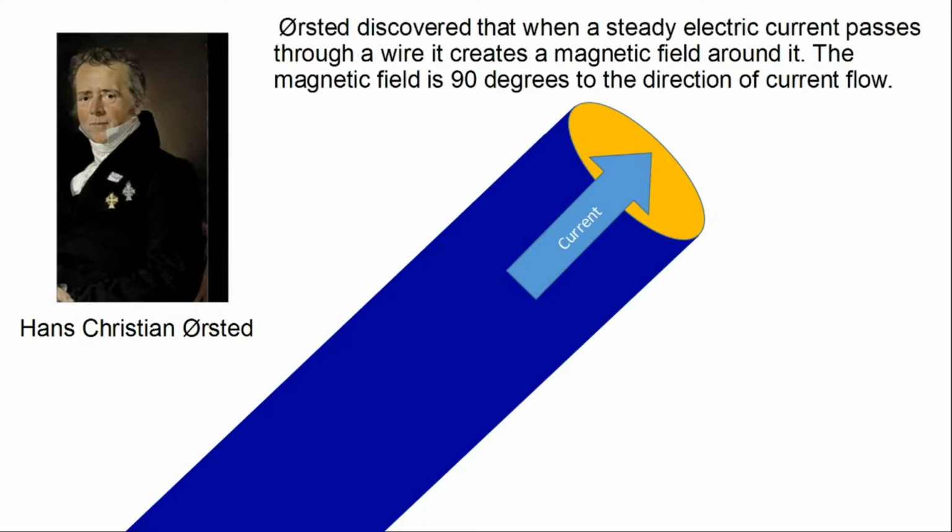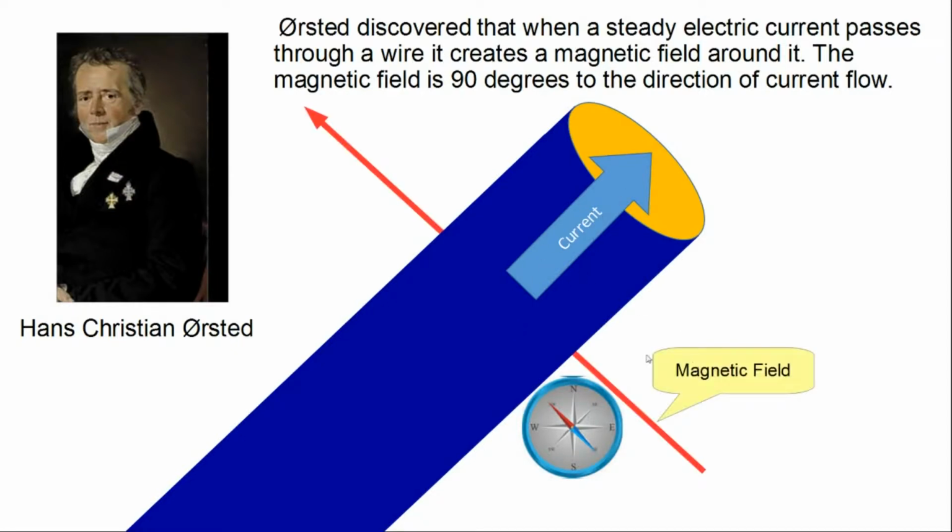And so his discovery initially was that a magnetic field was created at 90 degrees or at right angles to the current flow. So if this was his compass here, the north needle is pointing in this fashion, the current is flowing in that direction. Those are 90 degrees to one another.